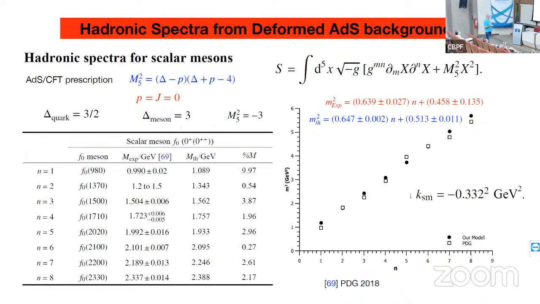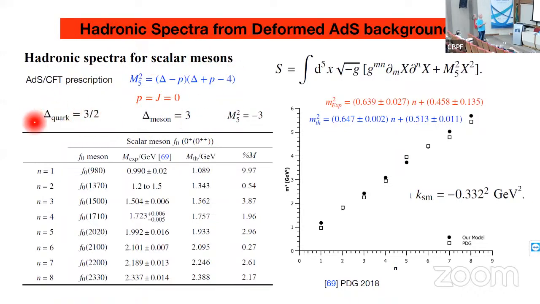So for scalar mesons, we use the usual AdS/CFT prescription to relate the 5-dimensional mass with Delta, which is the conformal dimension of the operator that you are describing on the boundary, and p is the p-form index. In the case of a scalar, p is equal to J, the spin, which is 0. We want to describe scalar mesons.